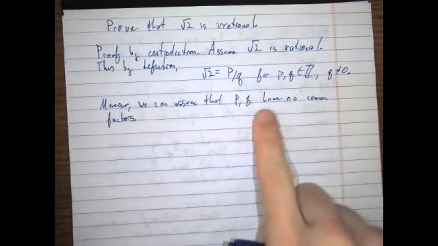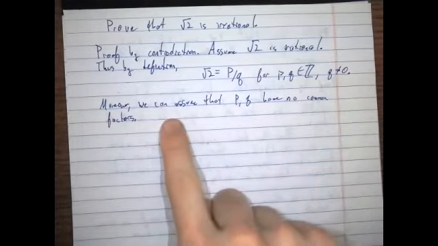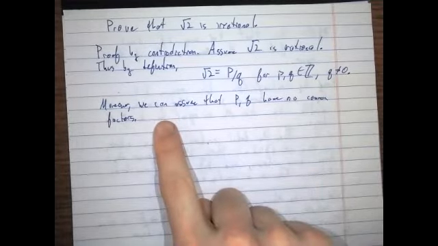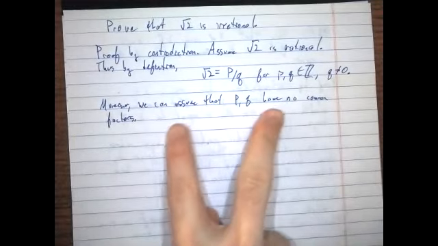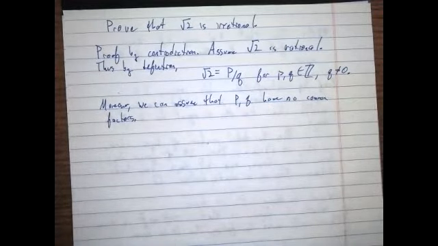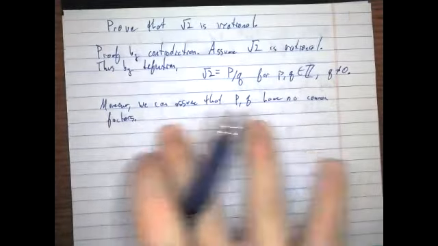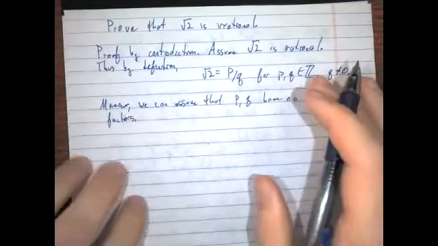And this is the statement that we're going to use to produce a contradiction, okay? We're going to be contradicting this idea that P and Q have no common factors. So currently we assume P and Q have no common factors.